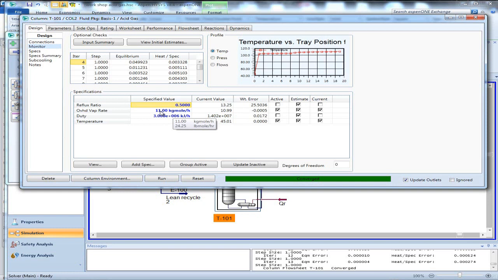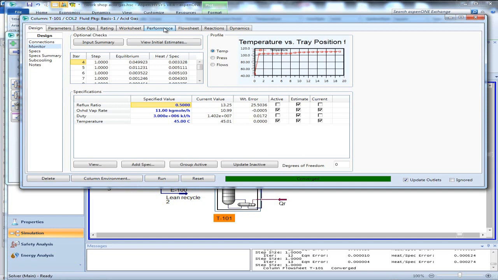And the overhead vapor flow rate is not so far from each other, and this is not so far as well, which is active. However, the duty is quite higher than what we guessed. But anyway, we get the calculation converged.